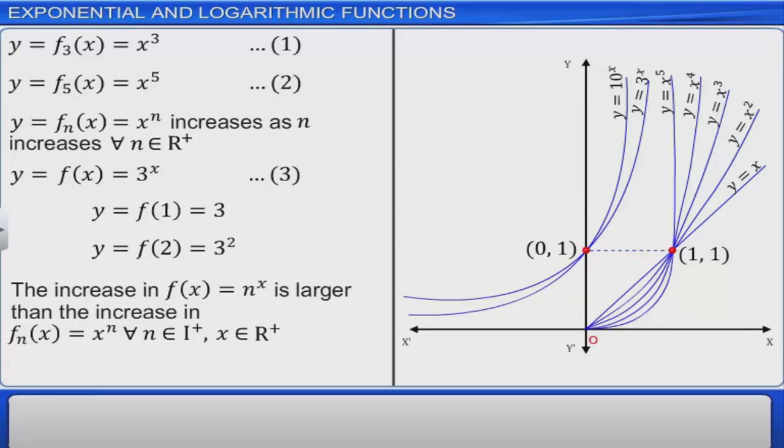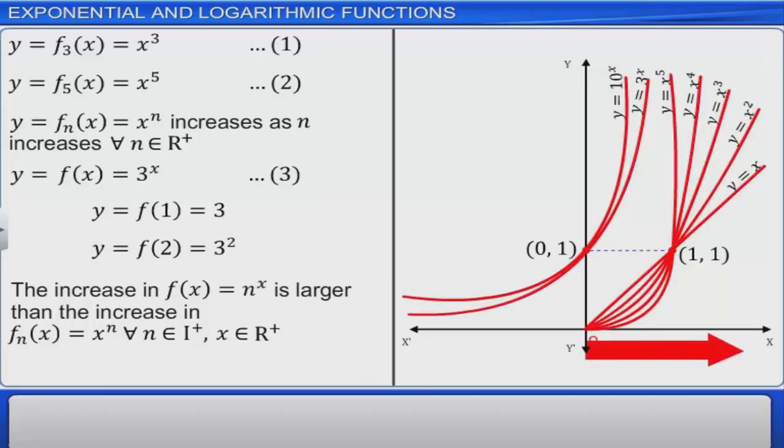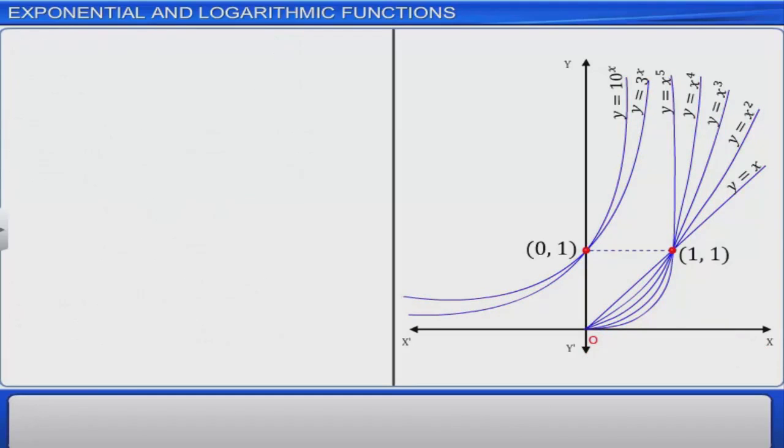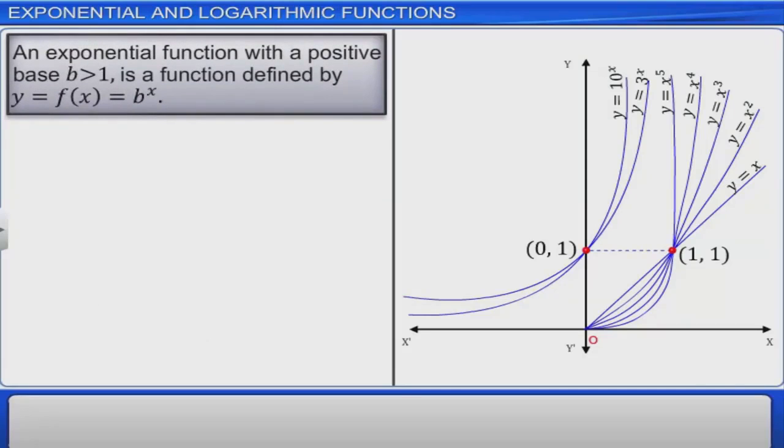In all the functions, the graphs grow as the value of x increases. Such types of functions are called exponential functions. Mathematically, an exponential function with a positive base b greater than 1 is a function defined by y is equal to f of x is equal to b raised to the power x.